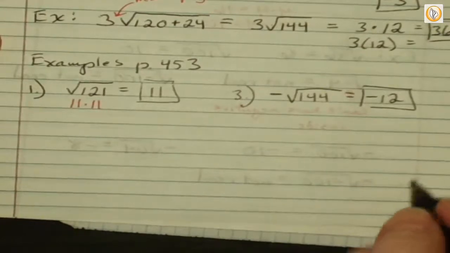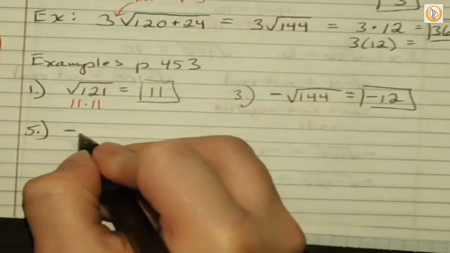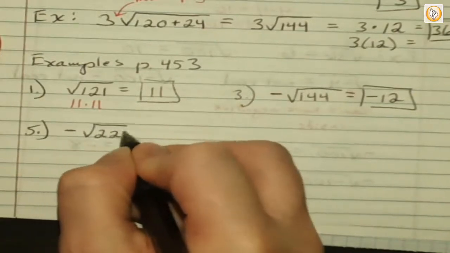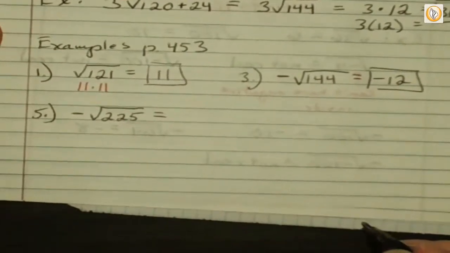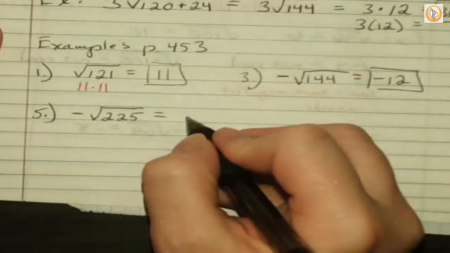All right. Number 5. The negative square root of 225. Raise your hand if you know it. Gabby?